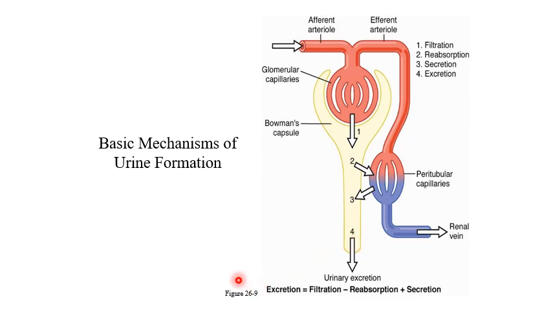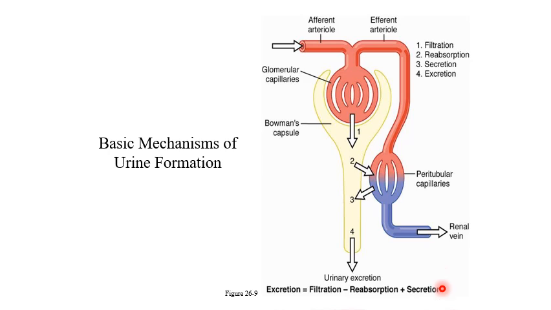So we can summarize these processes in a formula where we say the excretion rate equals the filtration rate, minus reabsorption, because this disappears from the system, and then we add to that the secretion rate.